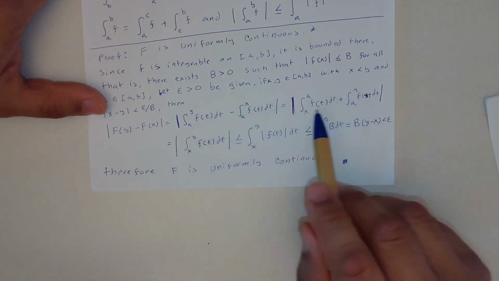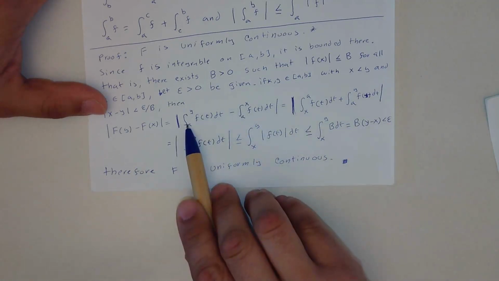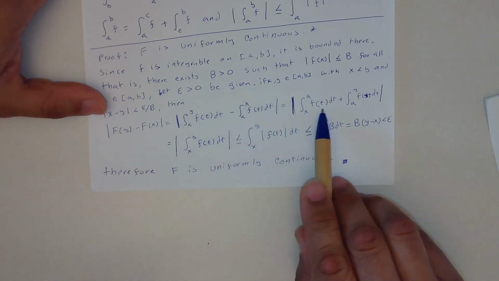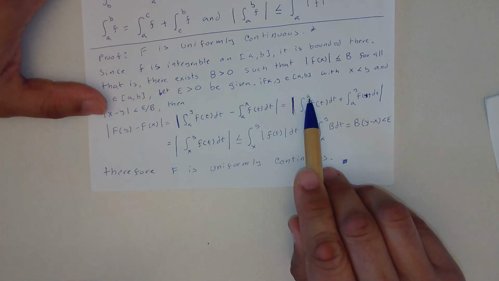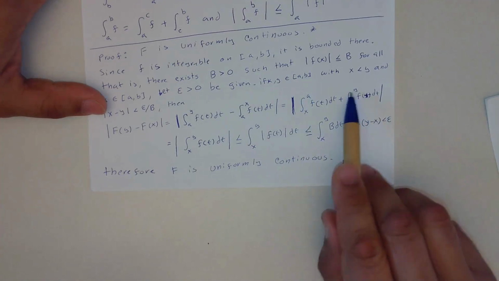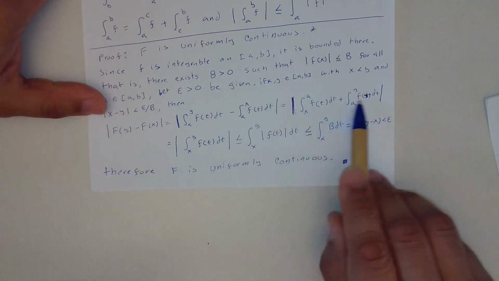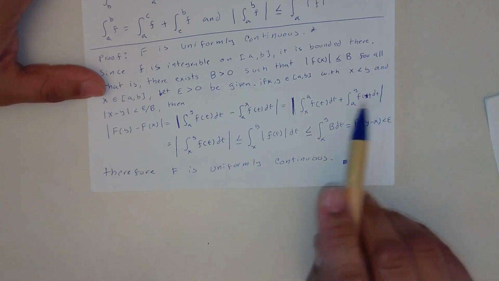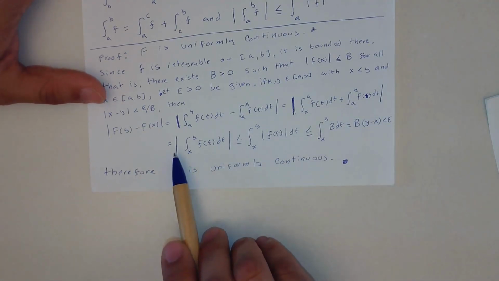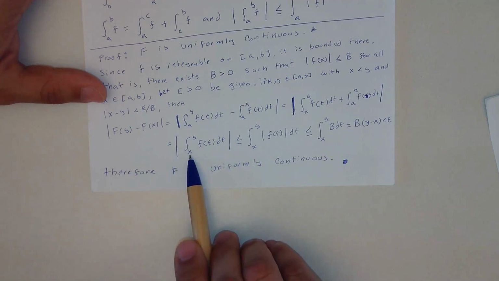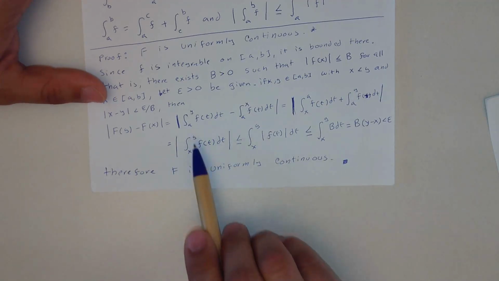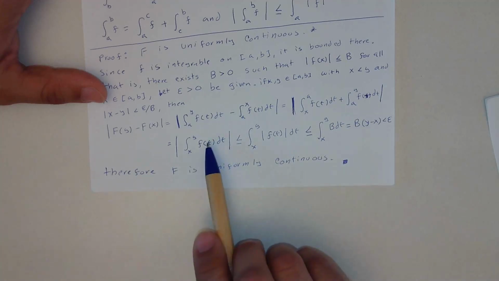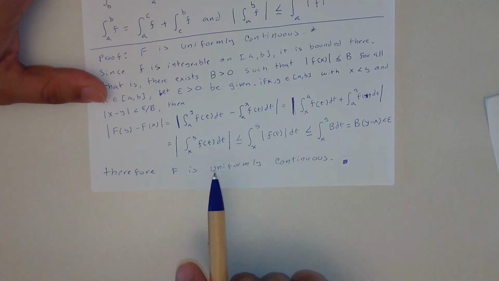Then we move this to the front and this to the right, like we have it here, x and a to y. So we can write this sum of integrals as just one integral, the absolute value of the integral from x to y of the same function f(t), right?